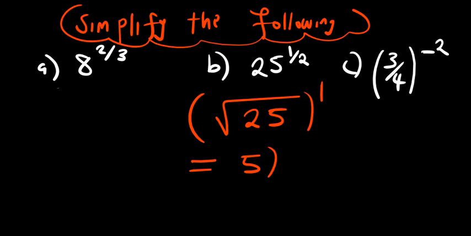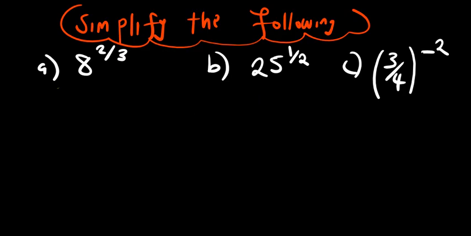Now let's solve C. So for C, we are given 3 over 4 to the power negative 2. Okay, this is interesting. So what did we say when you have a power outside?